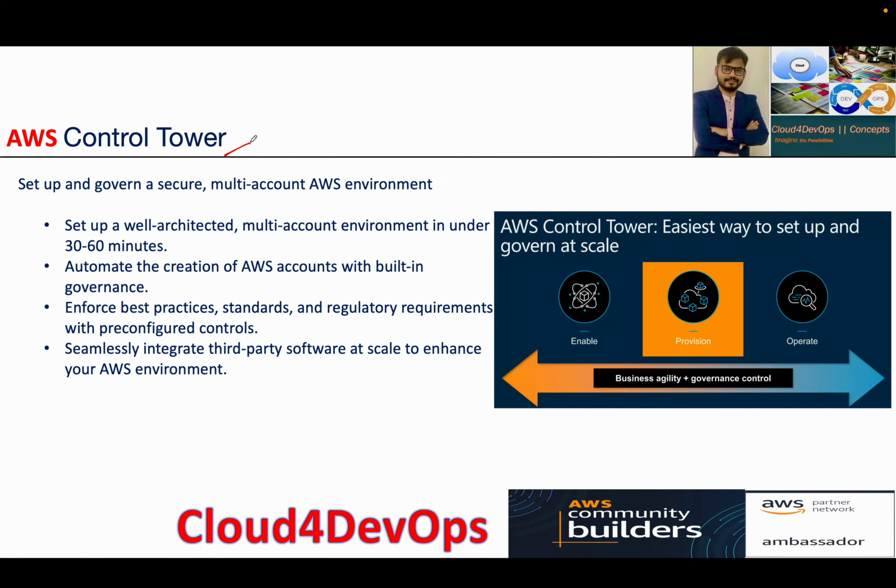So Control Tower is a really good service which will help us a lot if we are operating in an enterprise world. It's a widely used AWS service across the industry, from what I have seen, and recently it's gaining a lot of traction. Hey, let's use Control Tower.